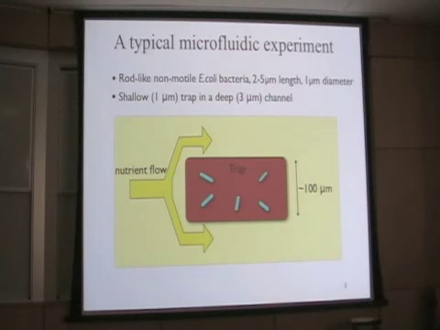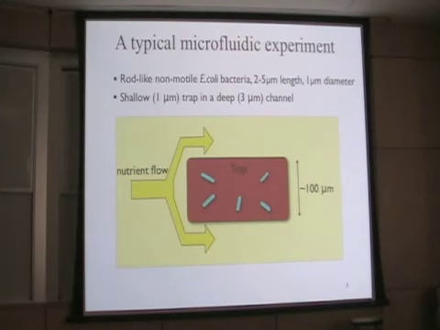We have a relatively shallow channel, like 3 microns, where the nutrients flow, and possibly cells too, but they don't stay put. Then we have an area which we call a trap, which can have any shape you want. It can be open from all sides, like here, or semi-closed, a shallow area only 1 micron deep. In this area, bacteria that get there get stuck.